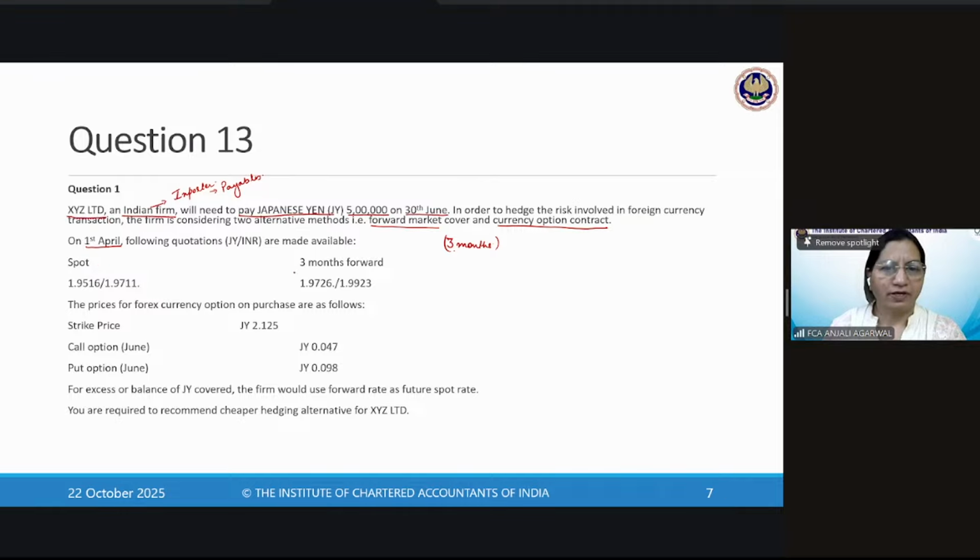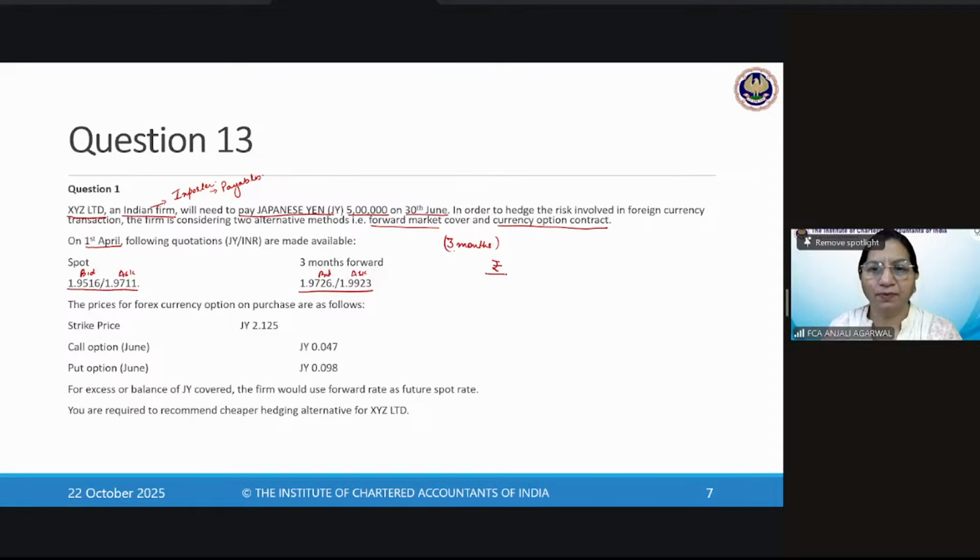So the spot rate is 1.9516 and 1.9711, bid and ask. Whereas the 3 months forward rates are 1.9726 and 1.9923.